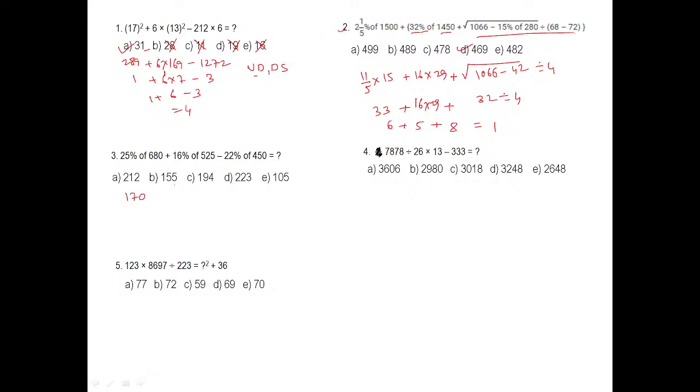This is 170, 25% plus 16%, that means 500%. If we just shift this percentage position from 16 to 525, and this is 500%, that means 100% is 16, 500% is 80, and this is 4 minus this.